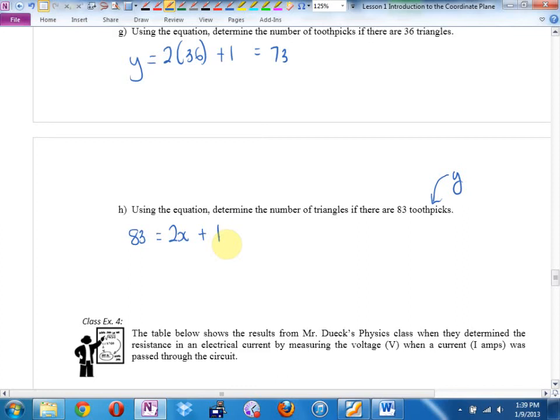Okay, when you're solving, because you're going back to where you started from, BEDMAS works in reverse. You do your addition subtraction first when you're solving. You do your multiplication division last when you're solving, which actually makes sense because you're going backwards to find where you started from. So I'm going to minus 1 from both sides.